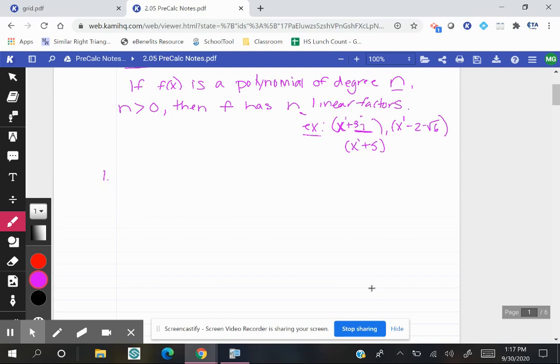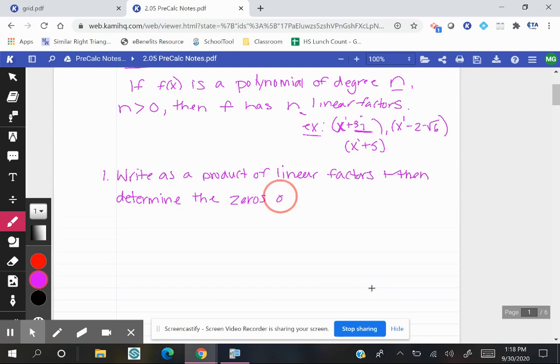Number 1, write as a product of linear factors and then determine the zeros of f of x equals x to the third plus 4x.